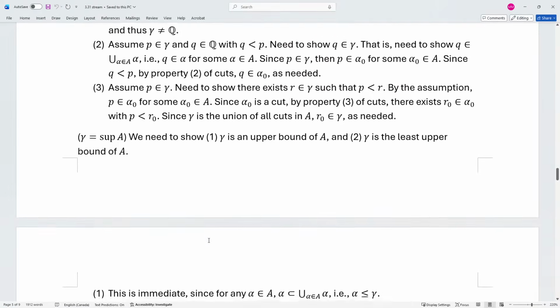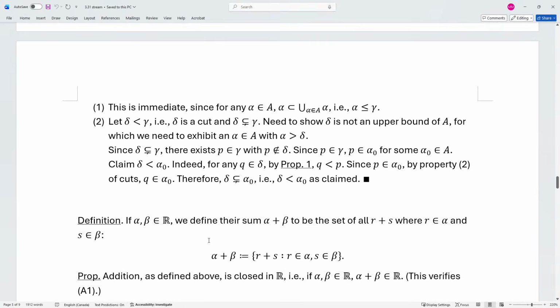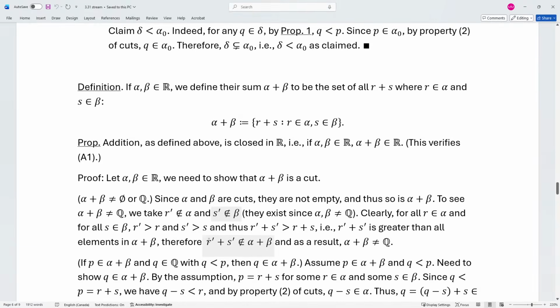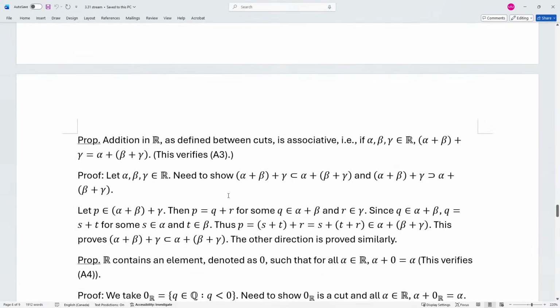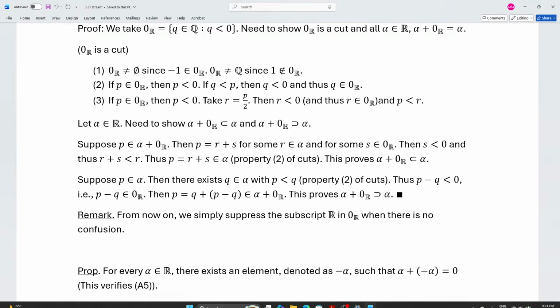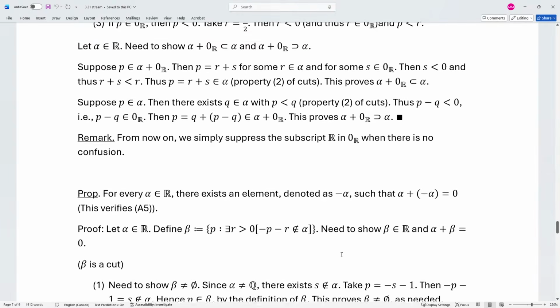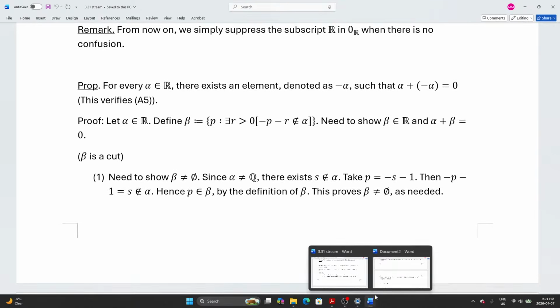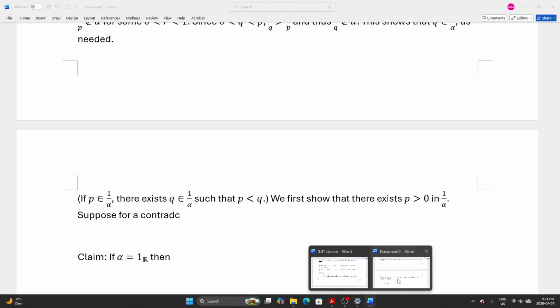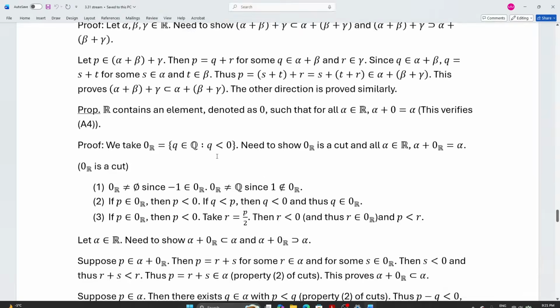The real numbers is a complete ordered field, which can have many constructions. Dedekind cut is one of them. Now we wish to show that Dedekind's cuts have all the desired properties we have in mind for the real numbers. So that's how we define R, the set of cuts.